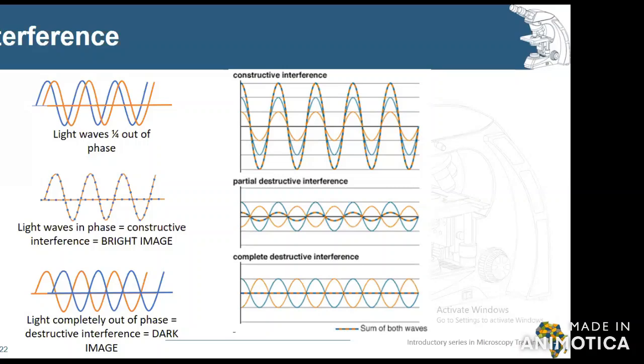So when lights are in phase and aligned, they bring about a constructive interference, which brings about bright imaging. On the other hand, when the rays of light are not in phase, then a destructive interference will result, and that is what brings about a dark image.